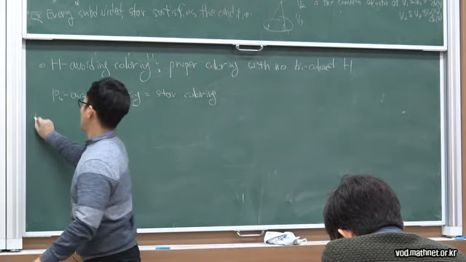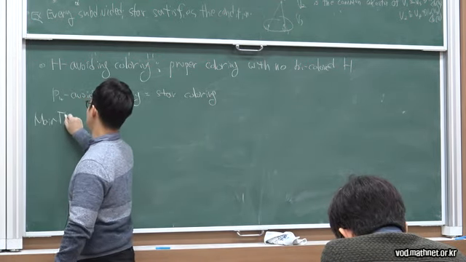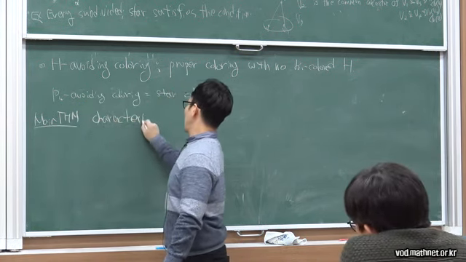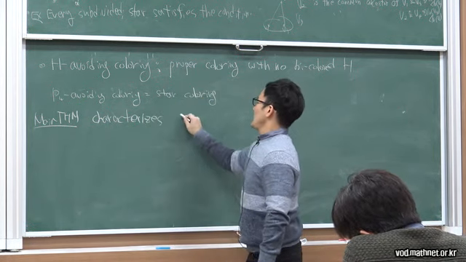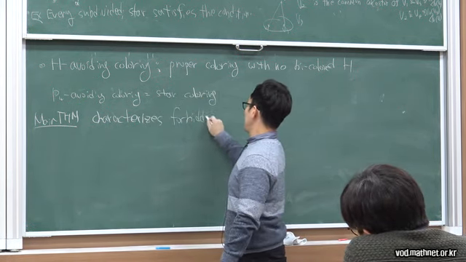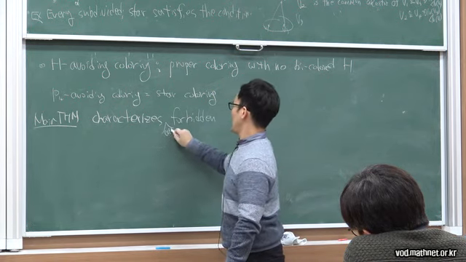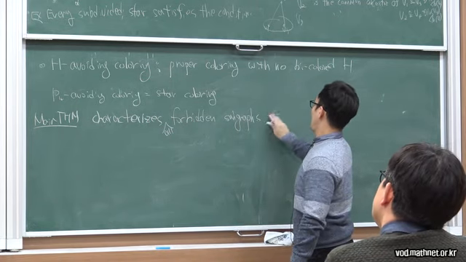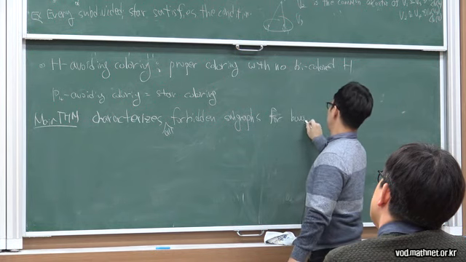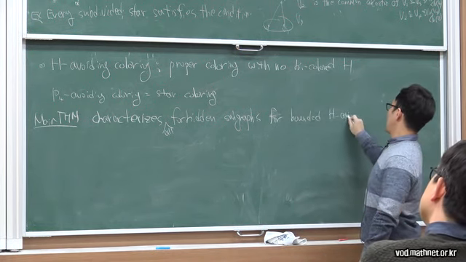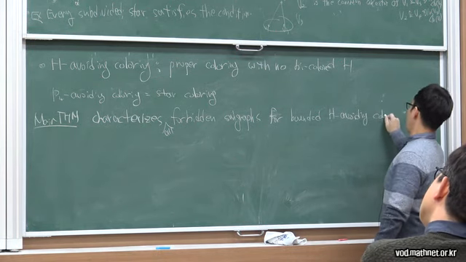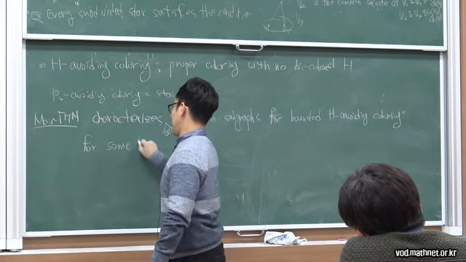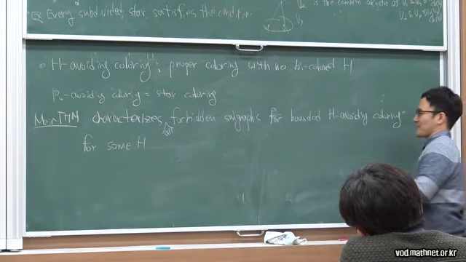So our main theorem characterizes all forbidden subgraphs for bounded H avoiding coloring for some H. Okay, I'm not going to specify what H is here.